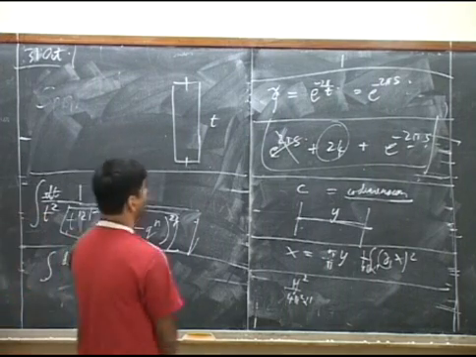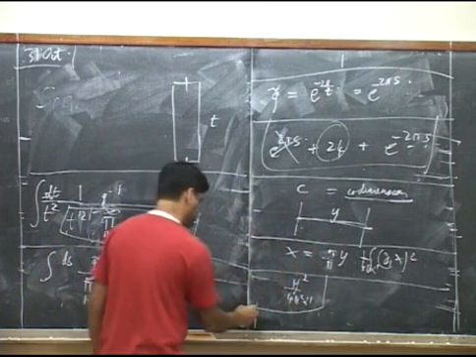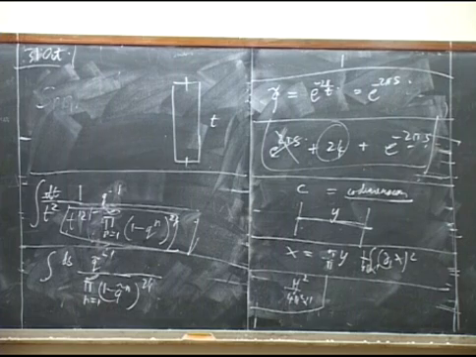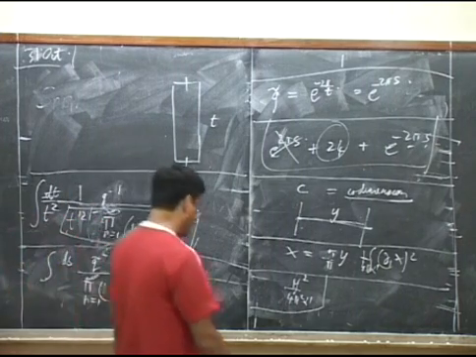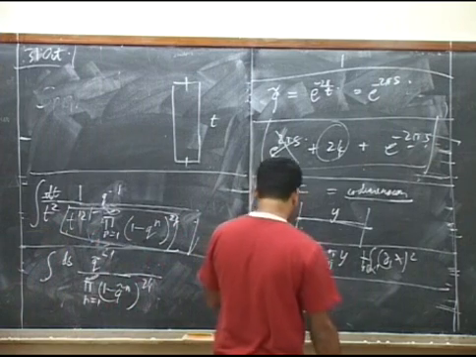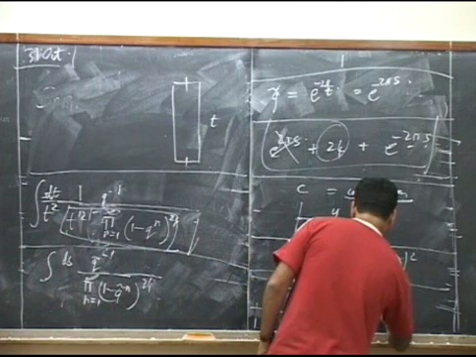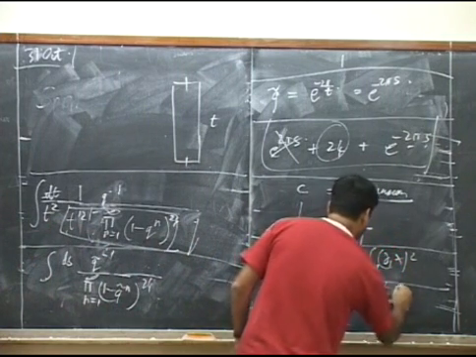Okay? Now, what we're computing is e to the power minus 2 pi t times N zero. So we get an additional factor of e to the power minus y squared by 2 pi alpha prime times t.